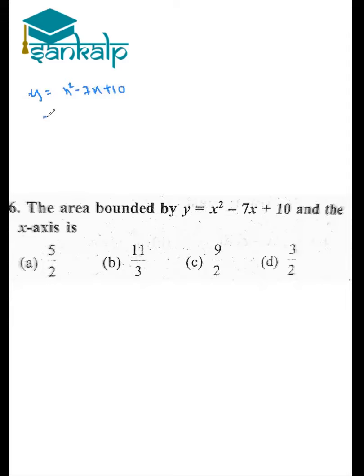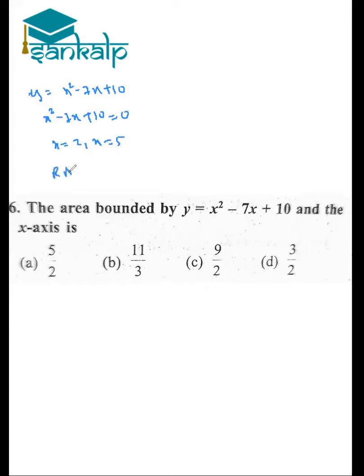So if we simplify, x square minus 7x plus 10 equal to 0. The factors will be x is equal to 2 and x is equal to 5. So on simplifying the quadratic equation, we get x is equal to 2 and x is equal to 5.